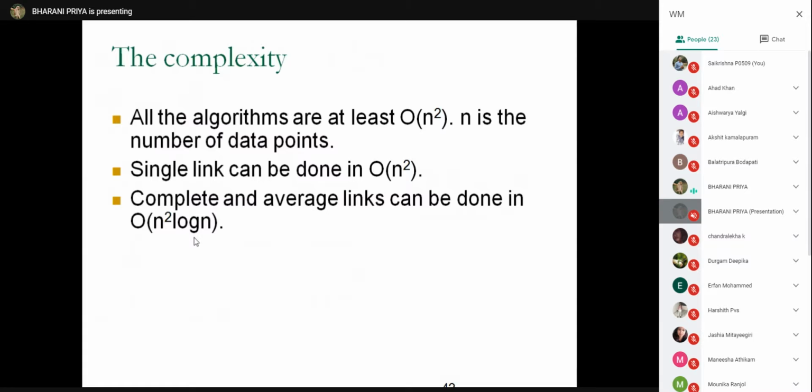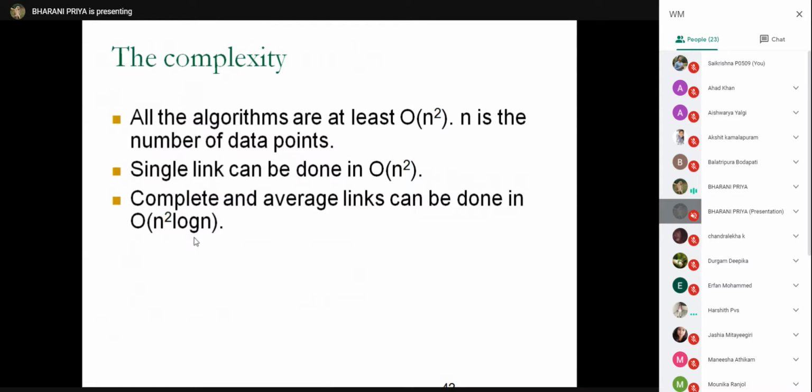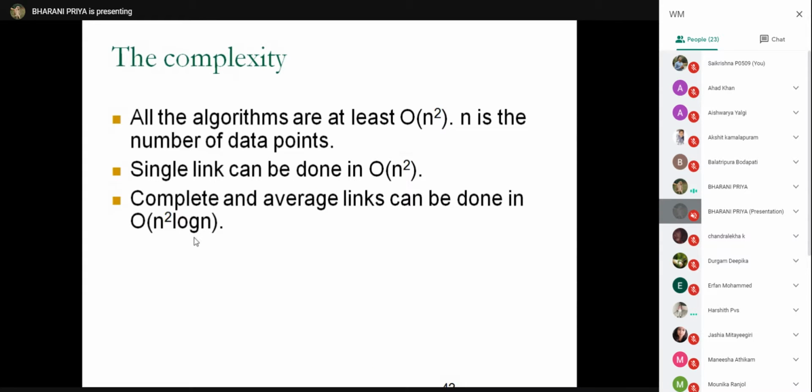So which is the best one? Single link, when you talk about complexity. But single link has the noise problem and chain problem, whereas complete link has the outlier problem.